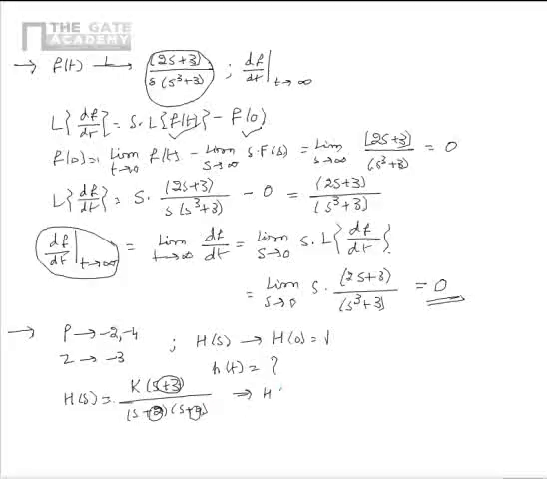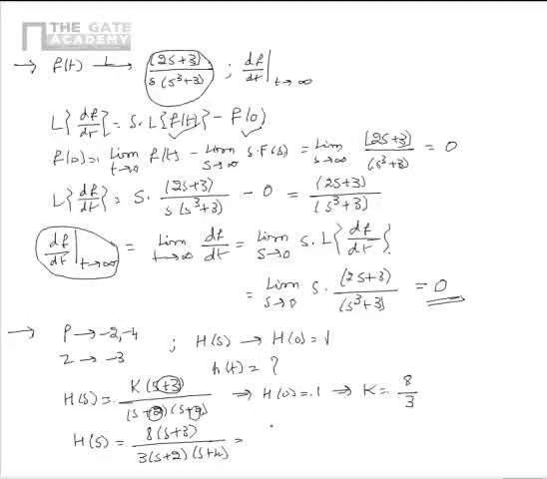From the given data, we know that H of 0 is equal to 1. So from this, we can say that k is equal to 8 by 3. So the transfer function of the LTI system becomes 8 into (s plus 3) divided by 3 into (s plus 2) into (s plus 4).